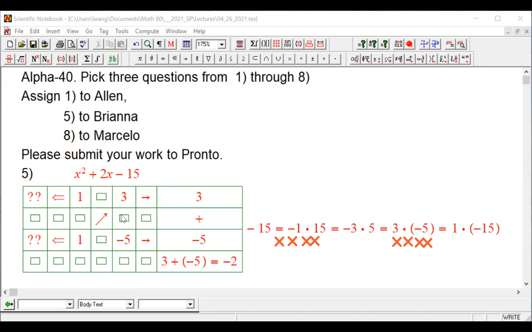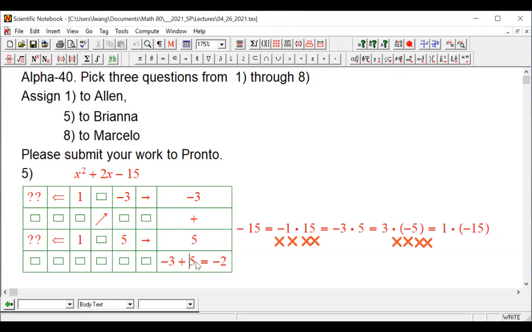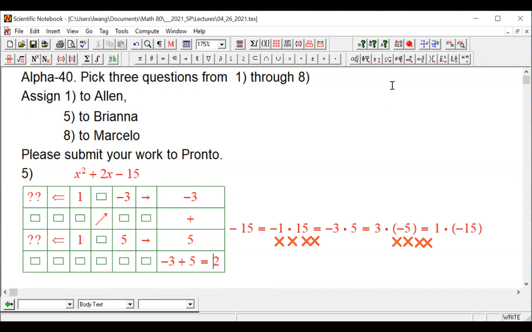Okay, so continue. Now I'm going to try this option, negative 3, positive 5. So 1 times negative 3 is negative 3. 1 times 5 is positive 5. So negative 3 plus 5 equals positive 2. Yay, we finally made the match.